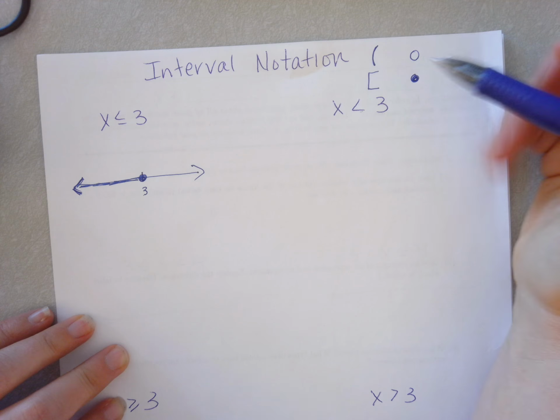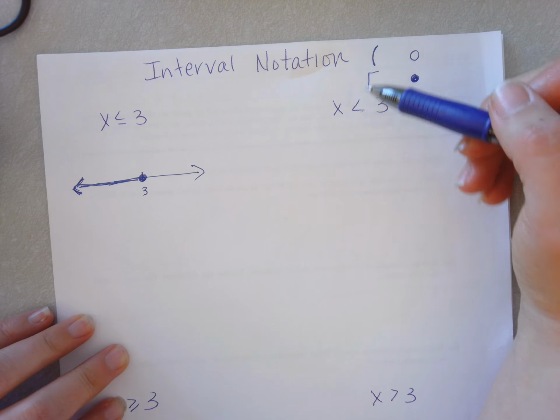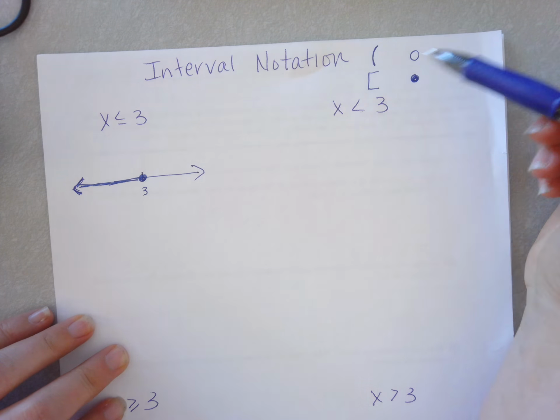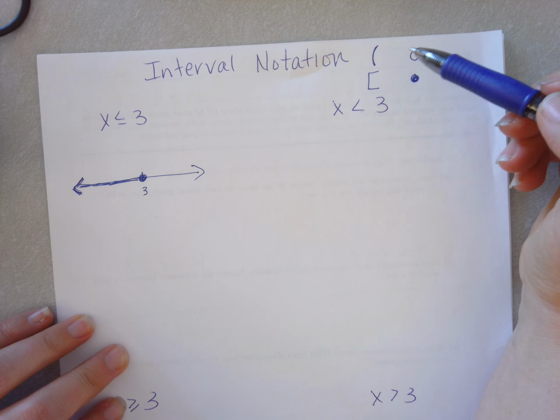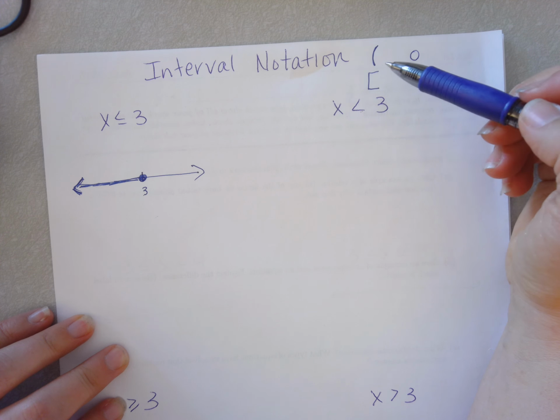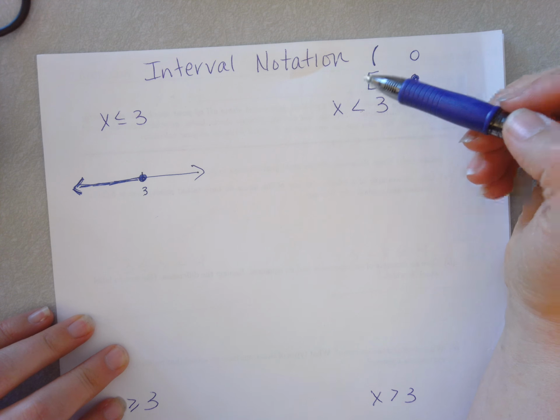Okay, so that's what these different symbols mean. When I use a normal set of parentheses, that means the point right next to it is not included, and if I use a bracket, then it is included. Okay, so not included, included. So in our case, the 3 is included.